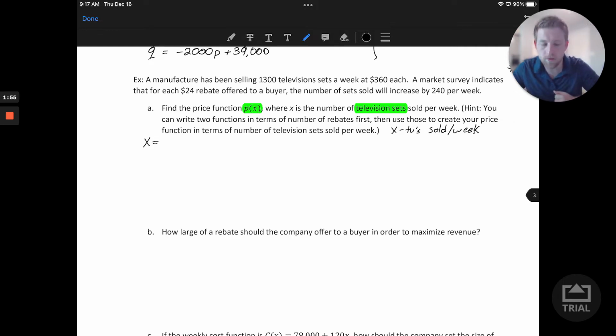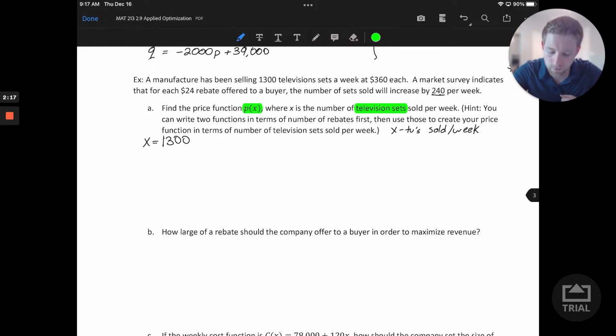And we were told in the problem statement that we are currently selling 1,300 TVs at our current price. So right now we're selling 1,300, but for every rebate, we should be able to increase our sales by 240 television sets. So I'm going to pair up these two items here. That's our current output or quantity.